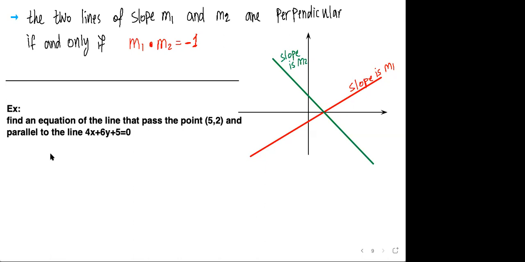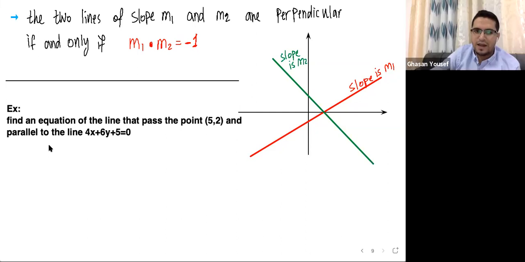You can subtract 4x and 5. Exactly. So I have to write it in the slope-intercept form. I have to subtract 4x and 5 from both sides. So again, 4x plus 6y plus 5 equals 0. Why?